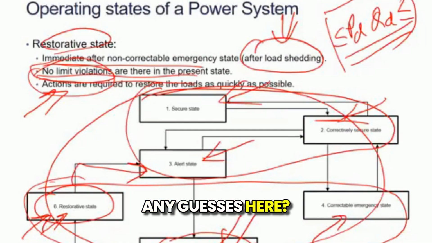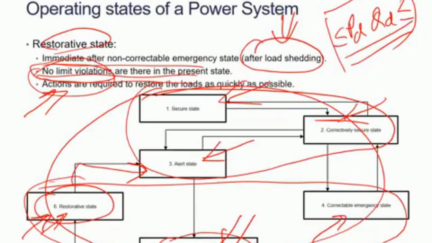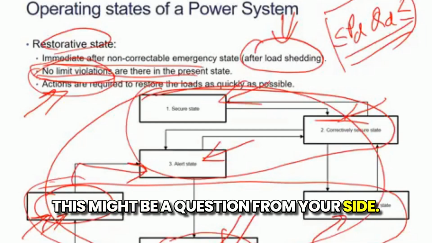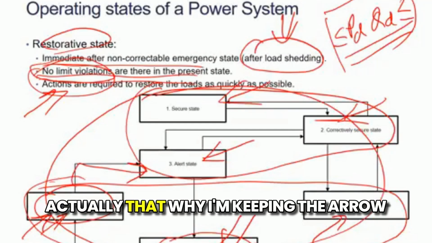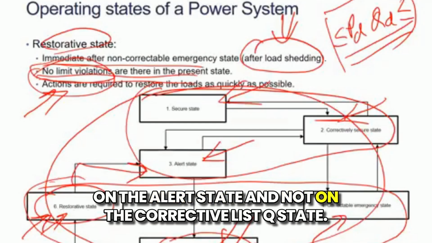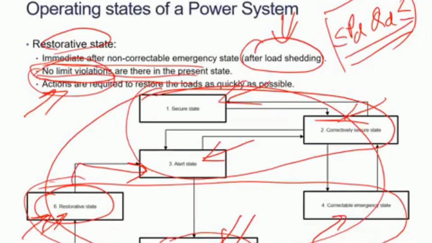Any guesses here? This might be a question from your side actually, that why we are keeping the arrow on the alert state and not on the correctively secure state.